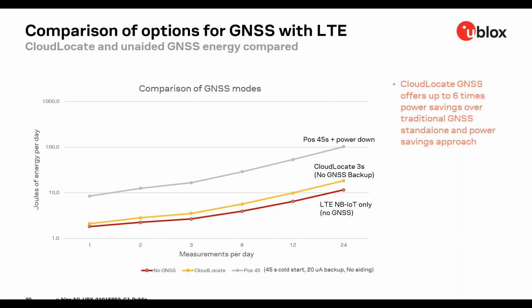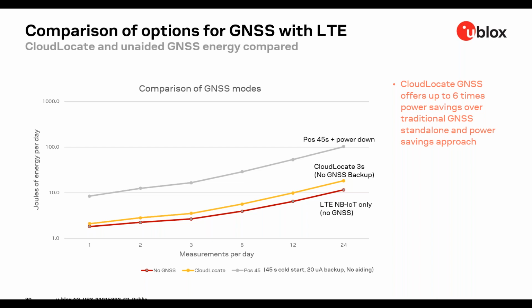This time as a baseline, we have narrowband IoT technology without GNSS. This is the red line. And on top of that, we have the CloudLocate solution. Please be aware that the y-axis is logarithmic.